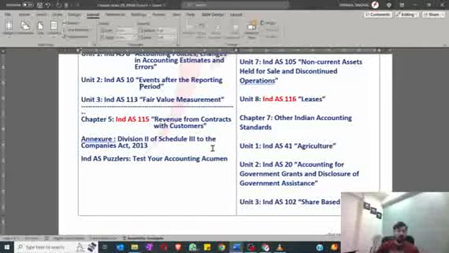So when we are studying Indian Accounting Standards, our focus will be on Division 2 only of Schedule 3 so far as preparation of financial statements is concerned. The formats of the financial statements shall be taken from Division 2 to Schedule 3 of the Companies Act 2013. Why? Because we are applying Ind-AS. So Ind-AS compliant entities are required to follow Division 2.